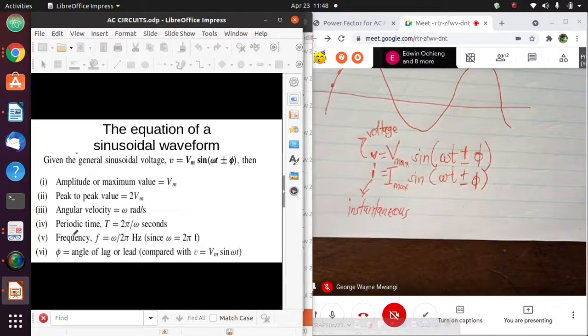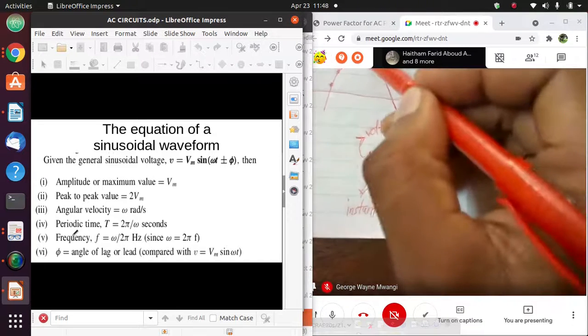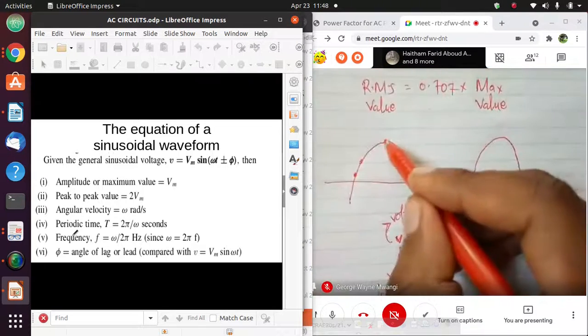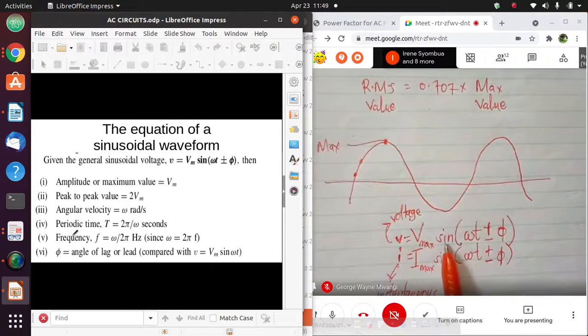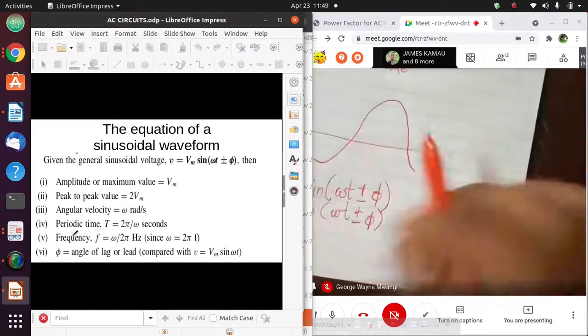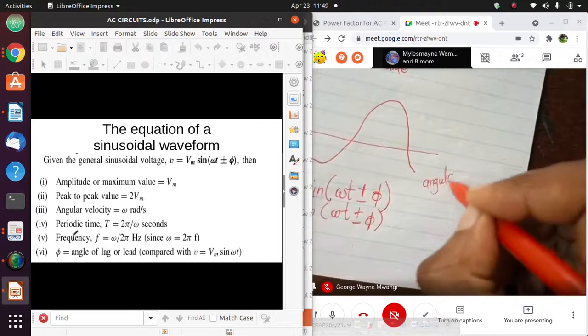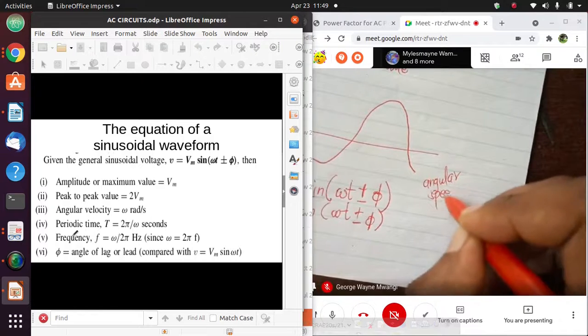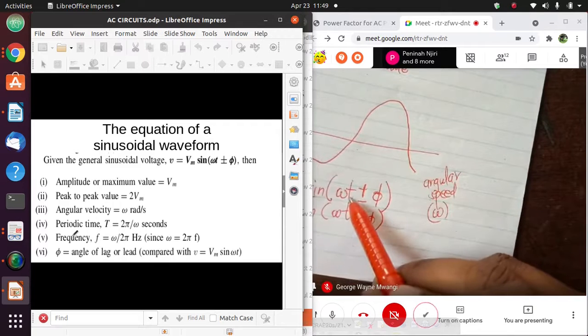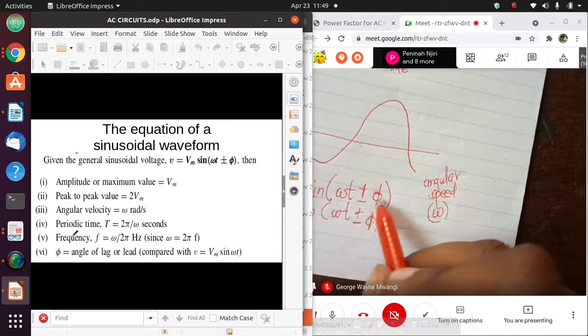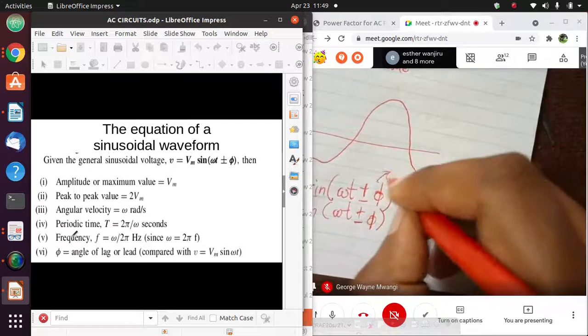And the instantaneous voltage or current is found by the maximum value multiplied by the sine of the angular speed. This is known as angular speed. Inaitwa omega. Angular speed times the time plus or minus this angle. This is known as the phase angle.